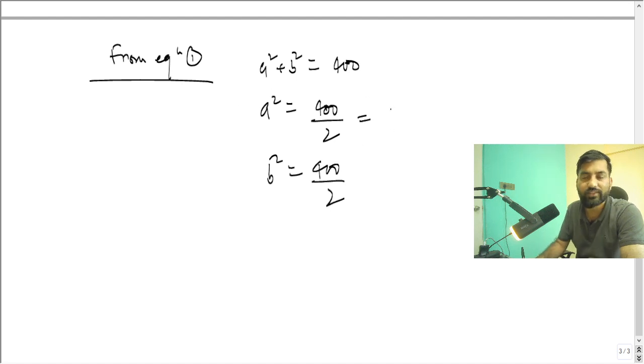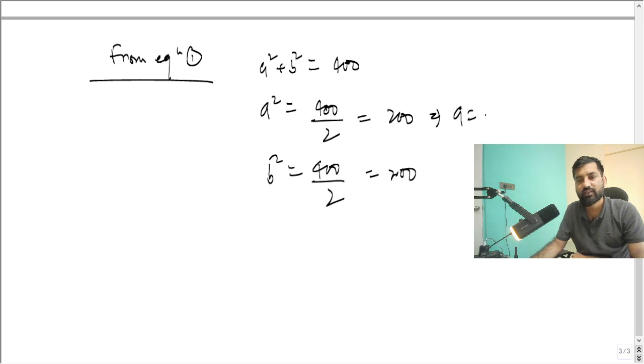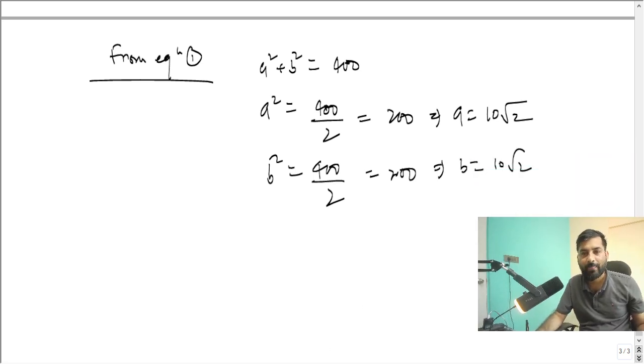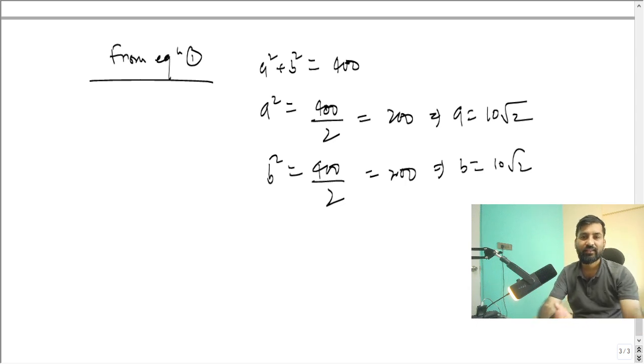So here you can say that this is going to be 200, 200. So from here you can find out A is going to be 10 square root 2 and B is going to be 10 square root 2. I think anybody can find this, yeah? So if you take these values of A and B, you will get the maximum value of the product, right?